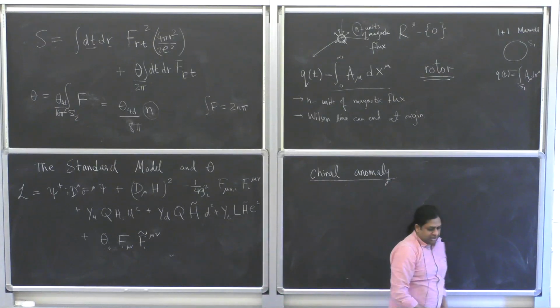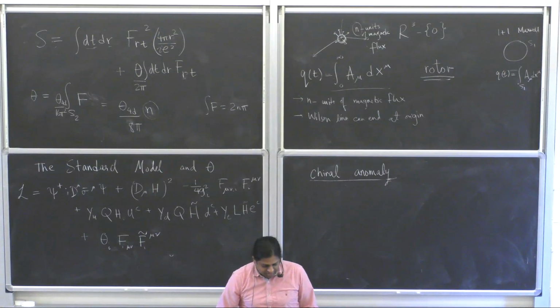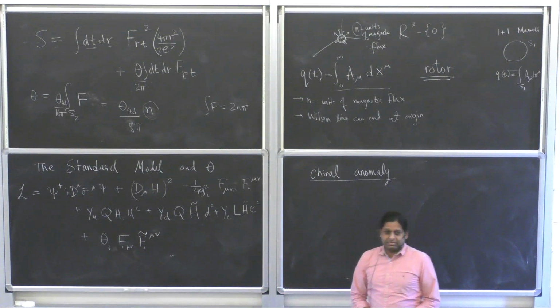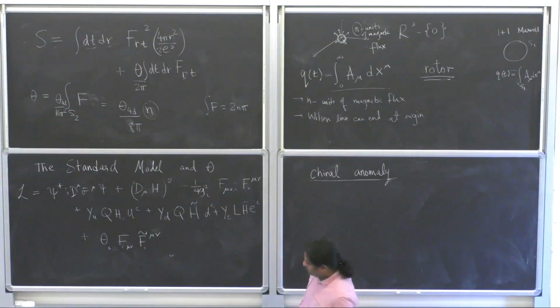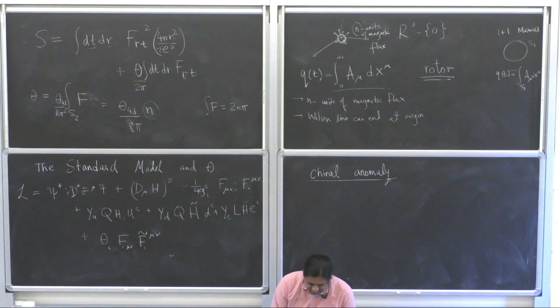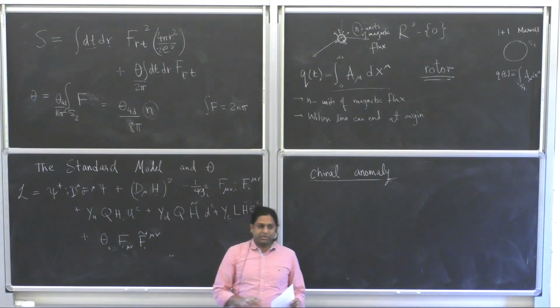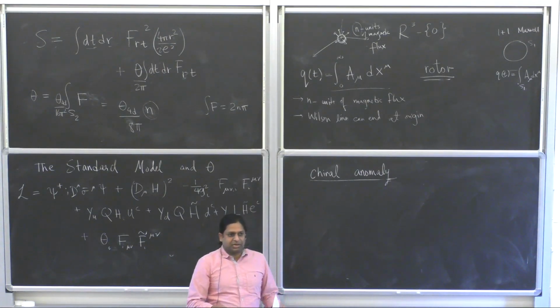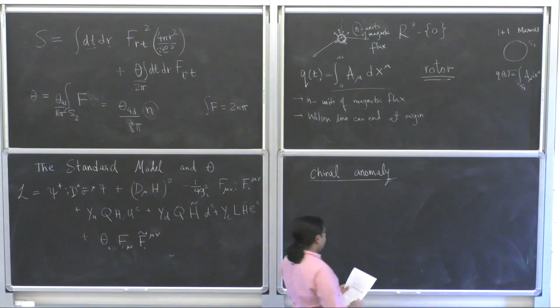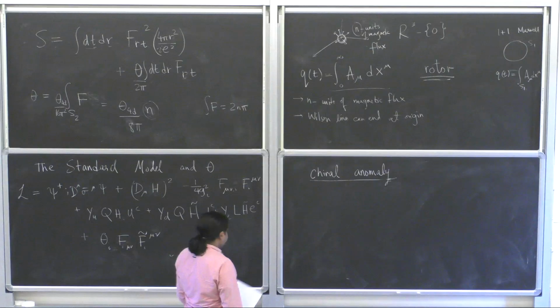Describing the anomaly would itself take a lecture or two, but I also expect many of you have seen at least the chiral anomaly in various courses. So this will be an exercise for you to do, and the notes will have the exercises detailed. If I don't give you enough details, the questions are written down more carefully in the notes themselves. So the exercise is the following.